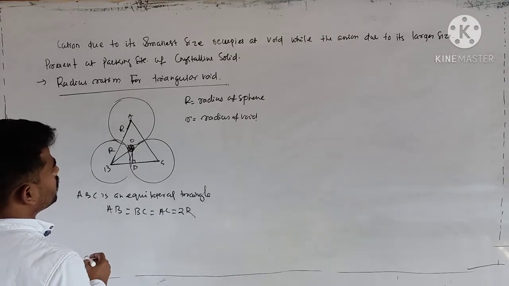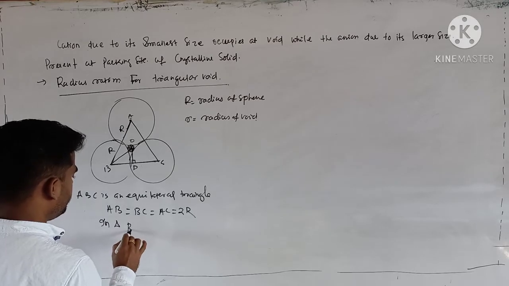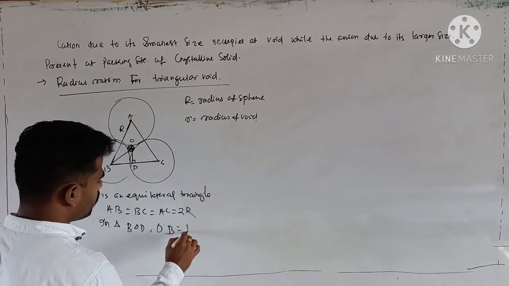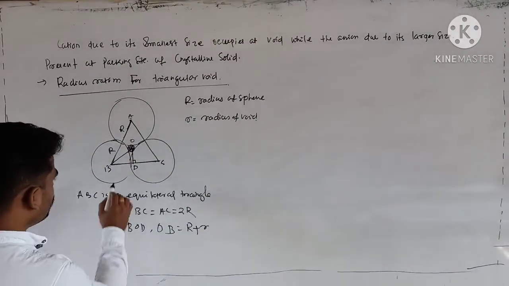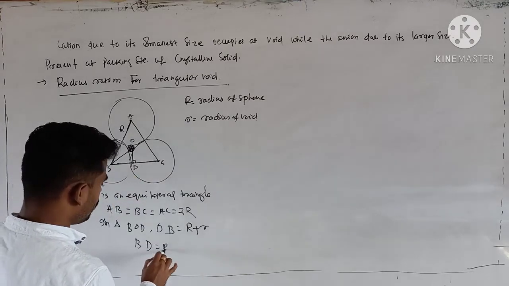In triangle BOD, OB is equal to the radius of the sphere plus small r, and BD is equal to R.